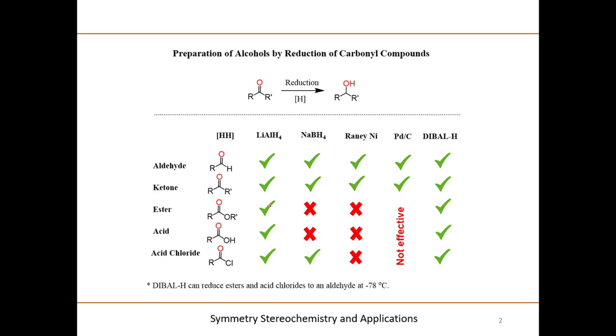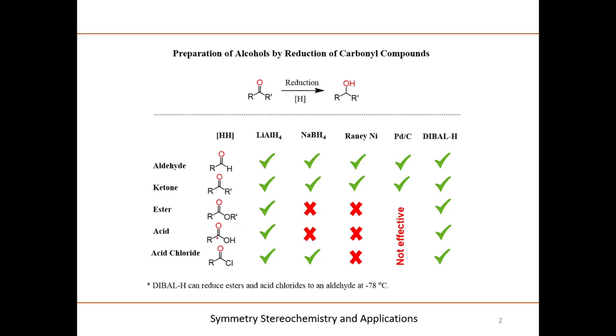It can reduce ester, but sodium borohydride cannot reduce esters. The same is true for Raney nickel, and palladium charcoal is also not effective. But DIBAL-H can reduce the ester into alcohol at room temperature. At minus 78 degrees it reduces to aldehyde. So you should know these things.